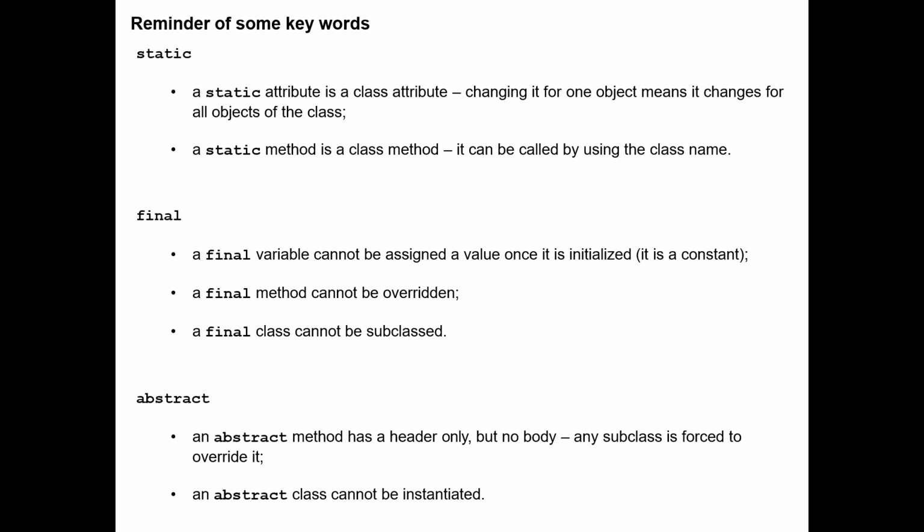So, as we saw with inheritance, a subclass cannot work as a final, because if we put final on a constant, it cannot be called back by our superclass. And now we have abstract, which I explained before, which allows us to reutilize this function. An abstract method has a header only, but not a body, and any subclass is supposed to override it. An abstract class cannot be instantiated.